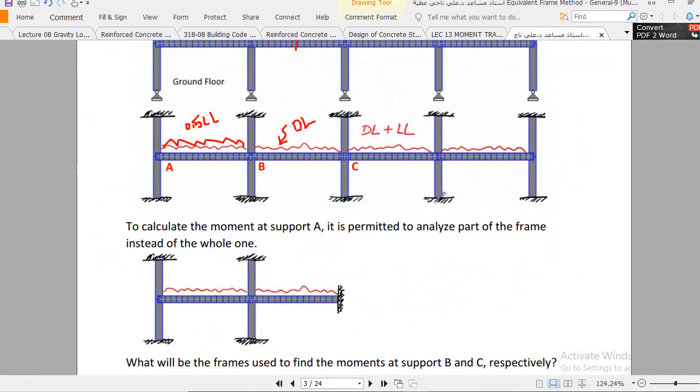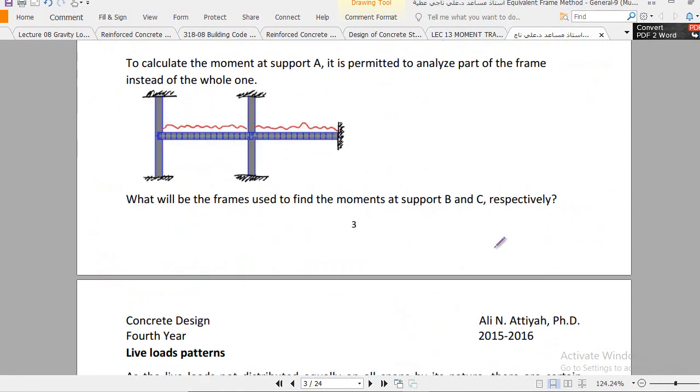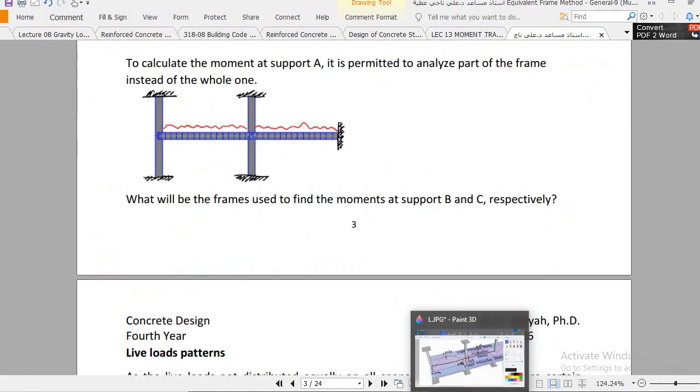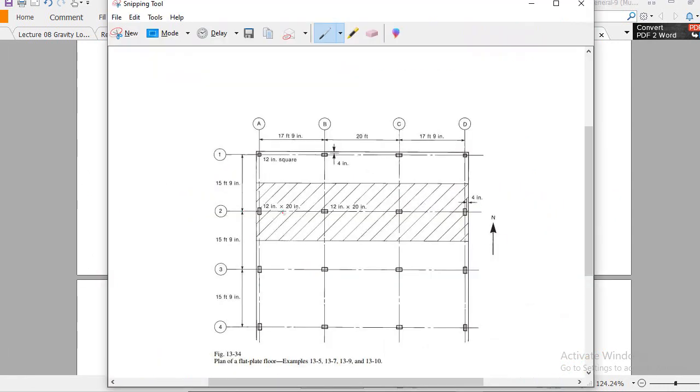Let me show. Remember that this is my north-south direction: this is my north, this is my south, this is my east, and this is my west direction.